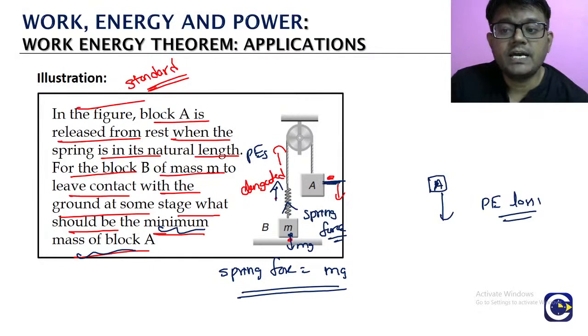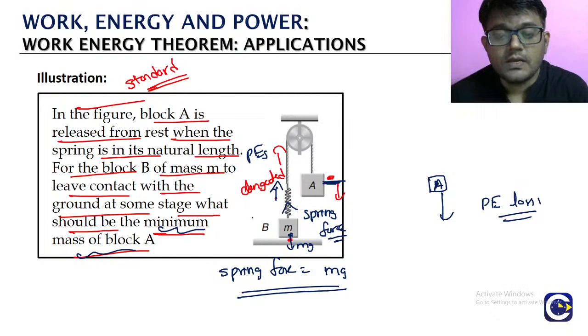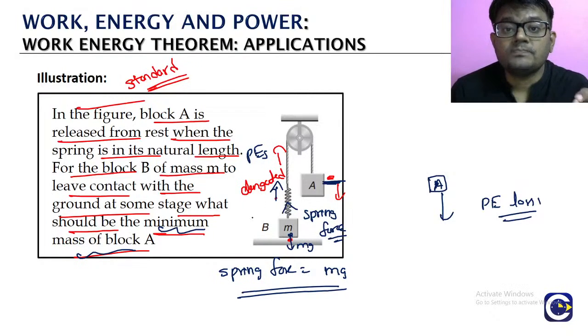Initially we are releasing the block A from rest. As it goes down, the spring is going to get elongated. We are looking for the minimum mass of the block A so that the block B can leave the surface contact.